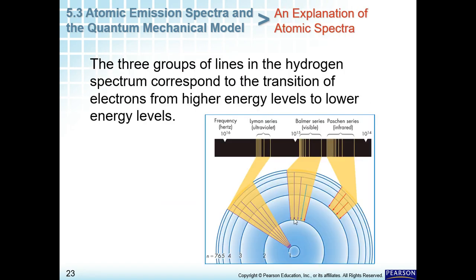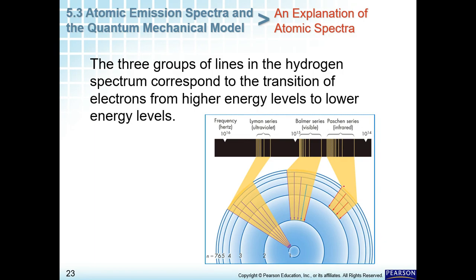So here it shows 3 groups of lines in a hydrogen spectrum corresponding to the transition of electrons from higher to lower. For example, if an electron was on the 7th energy level and it dropped down to the 1st, it's going to release a certain amount of energy, and this amount of energy corresponds to more of a purple or indigo violet color on our frequency scale.